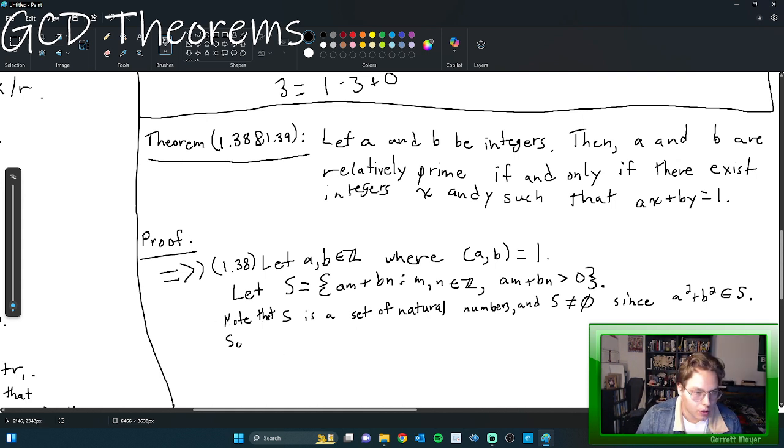So by well-ordering axiom, S contains some smallest element c.